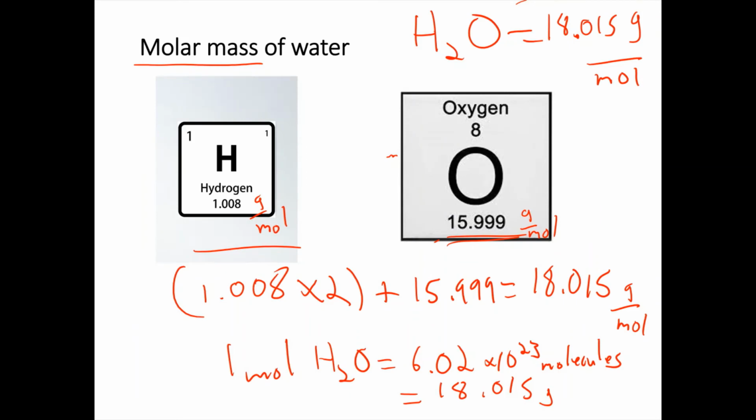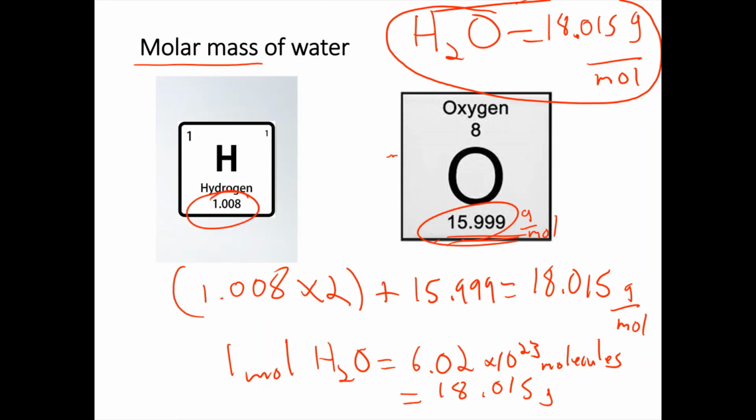Okay, the biggest takeaway from here, for those of you learning from home, is how to calculate gram formula mass. To calculate molar mass of H2O, which is in grams per mole, I add up 2 H's and 1 oxygen. That gives me a number of 18.015, and the units for that is grams per mole.